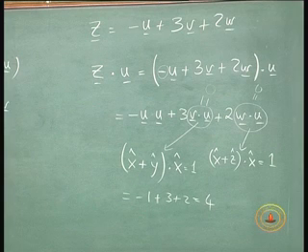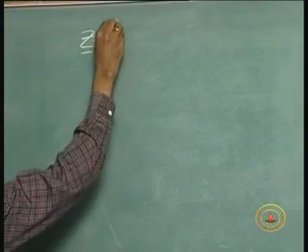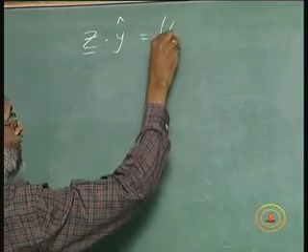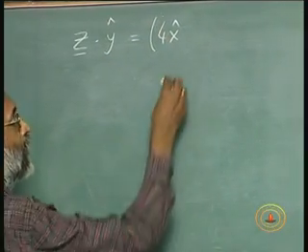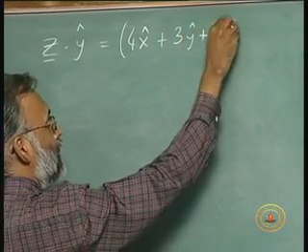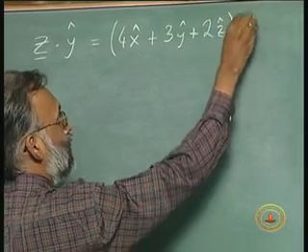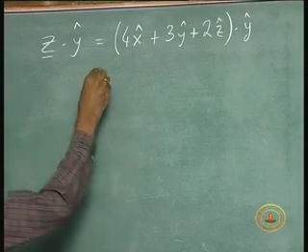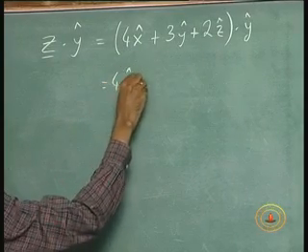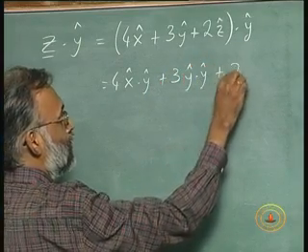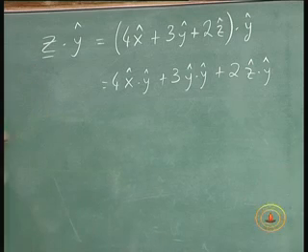Take the same vector z, and I want to do z dot y hat. So, then I would say it is equal to 4 unit vector along x, 3 unit vector along y, 2 unit vector along z dot y hat, which will be equal to 4 x hat dot y hat plus 3 y hat dot y hat plus 2 z hat dot y hat.